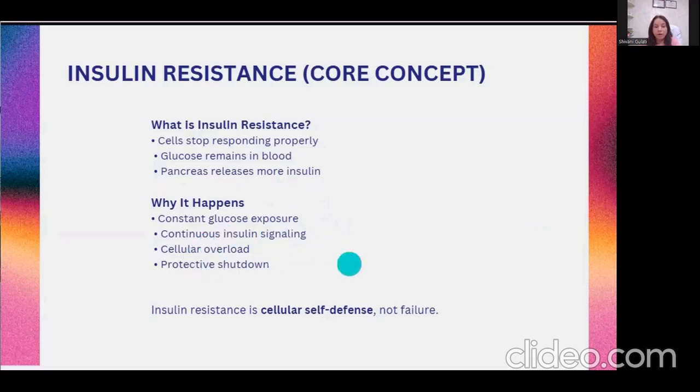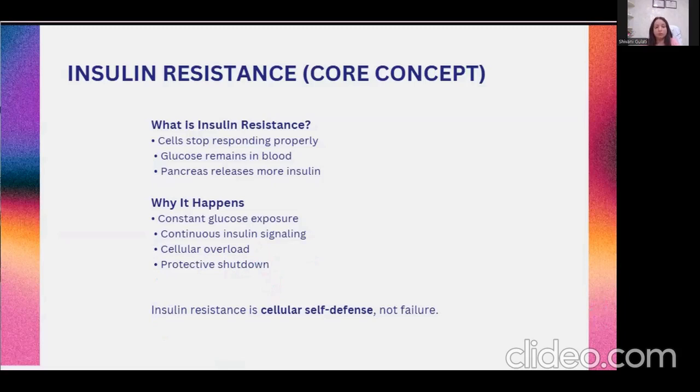When something keeps compensating again and again, somewhere it is going to get damaged. A common reason is constant glucose exposure from frequently eating refined carbohydrates, which leads to continuous insulin signaling with no gap between meals, and then to cellular overload where the cells are already full of fuel. Now there is no space left, so where will it go? So the body goes into a protective shutdown.